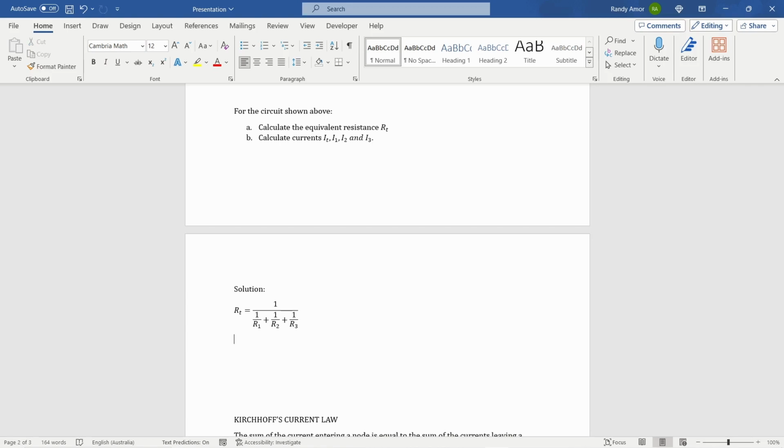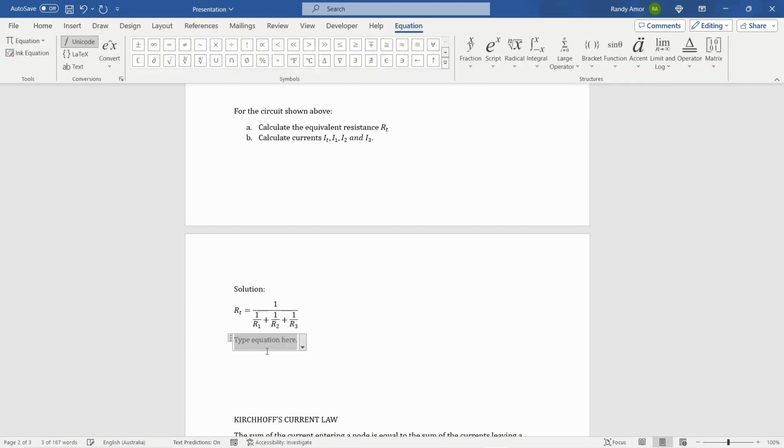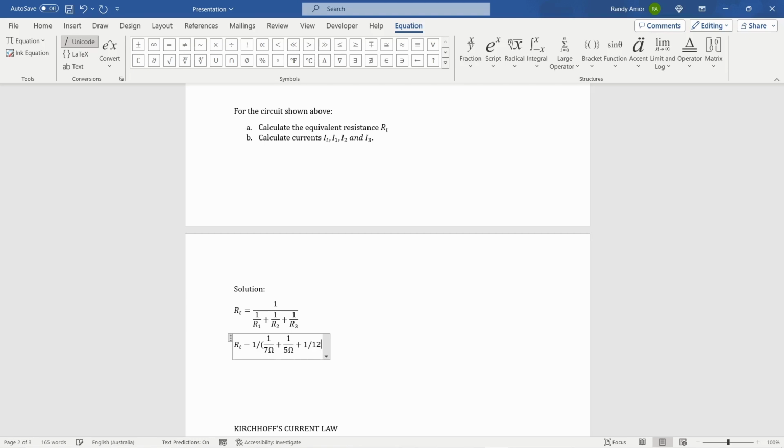When we substitute the values, RT equals 1 over (1 divided by 7 ohms plus 1 divided by 5 ohms plus 1 divided by 12 ohms).